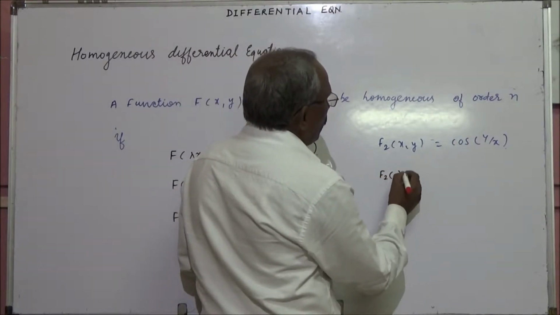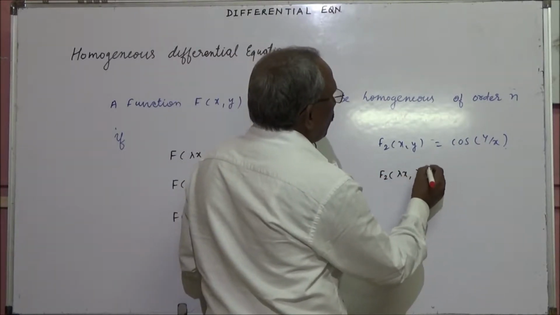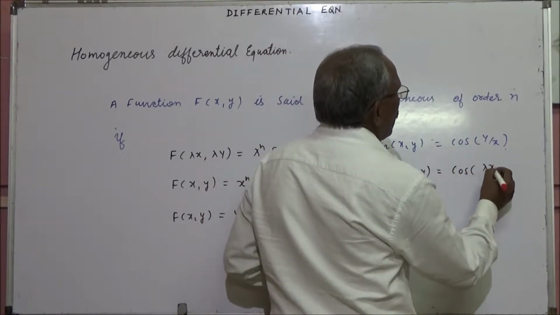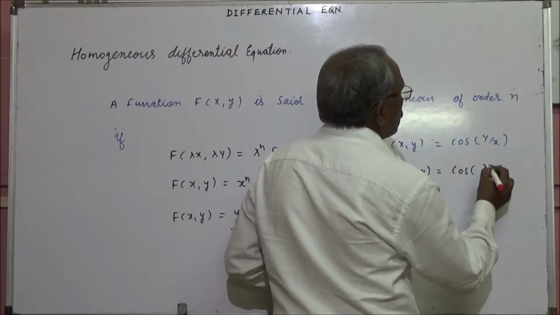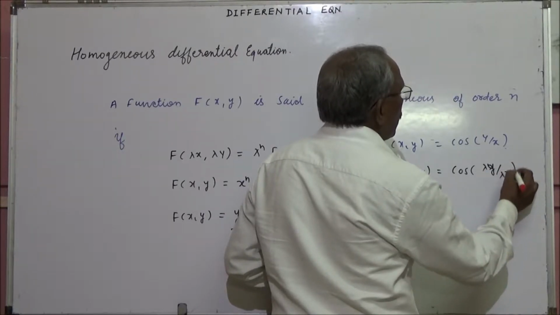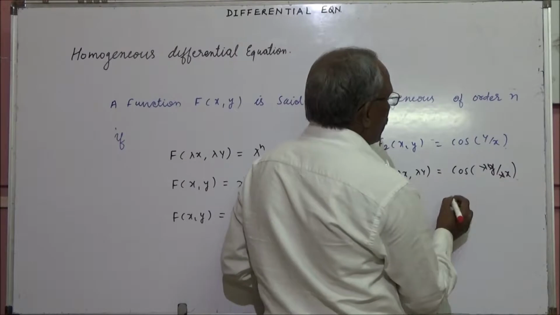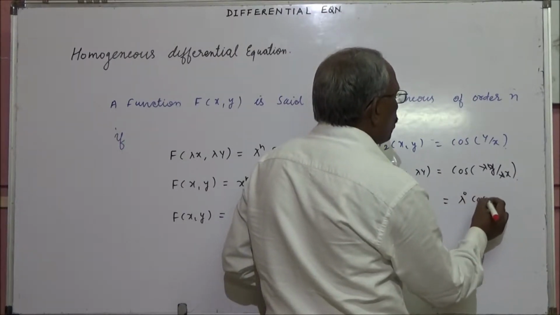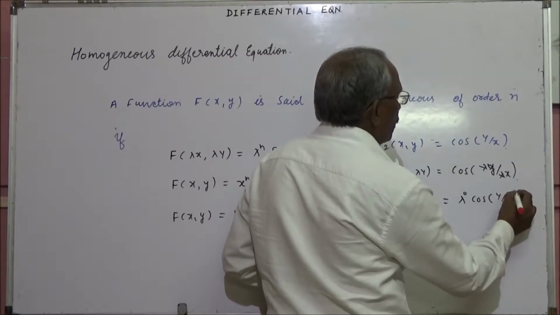f2(λx, λy) is equal to cos of λy upon λx. This λ will get cancelled. So I can write λ raised to 0 cos of y by x.